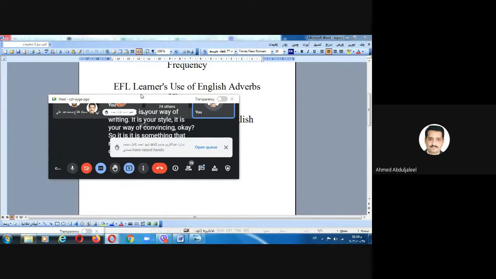As I said from the beginning, writing a research is something personal. Each researcher has his own style. It depends on your style. Can you convince me as a reader? It's just like when you write a composition.